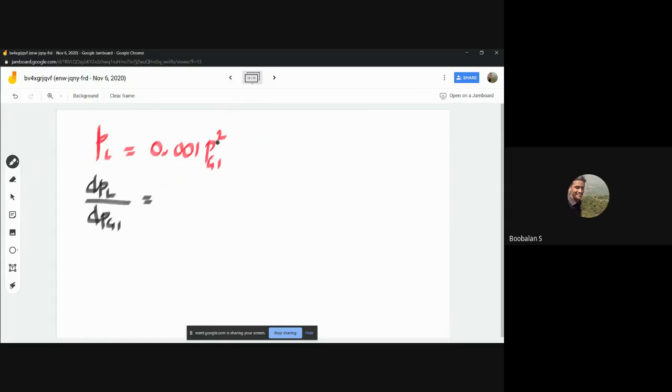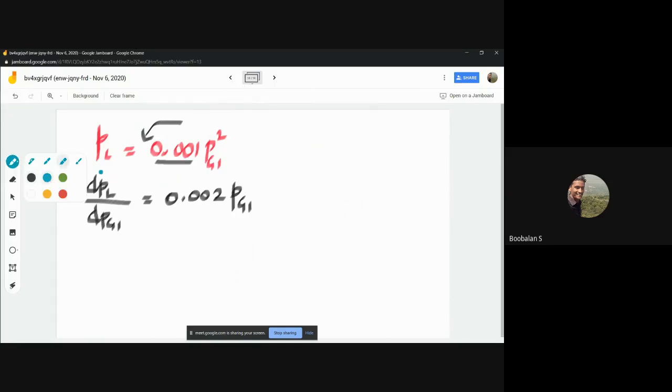What will come? The power 2 comes to the front and it is multiplied with 0.001. So it becomes 0.002 PG1. This is the equation for dPL by dPG1, differentiated with respect to PG1. Now we have got an answer.